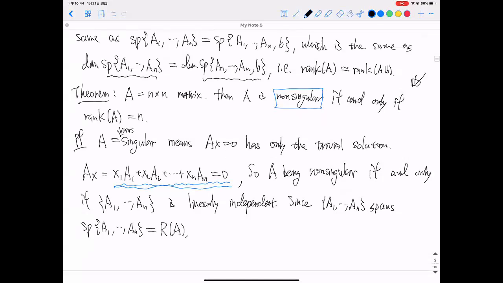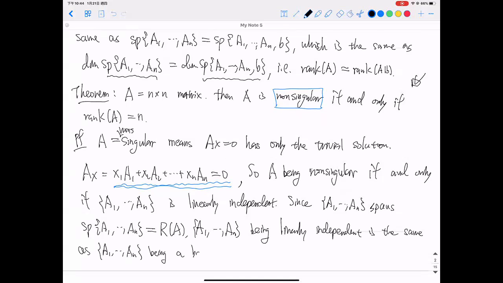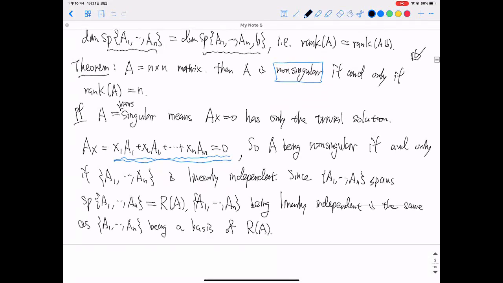Okay, so A1 through AN being linearly independent is the same as A1 through AN being a basis of the range of A. Now, what does that mean?